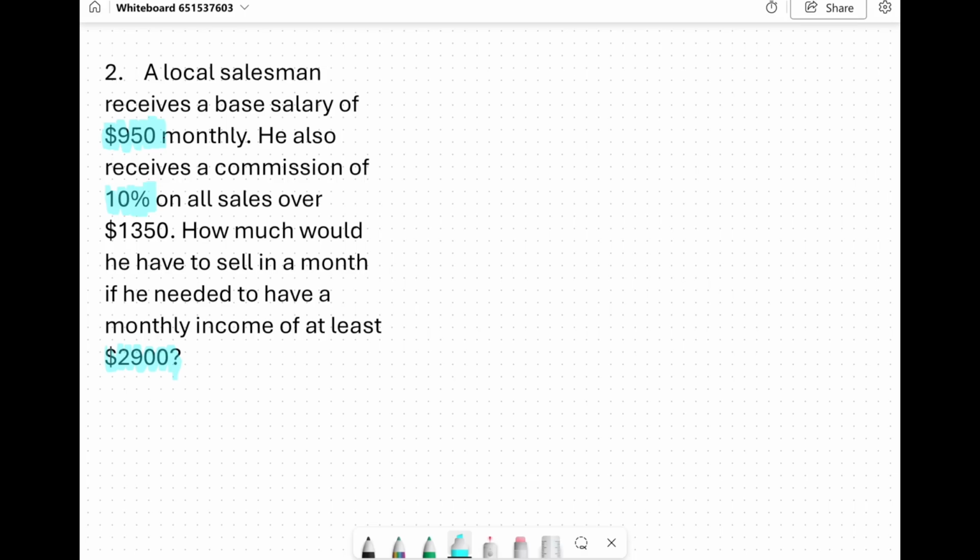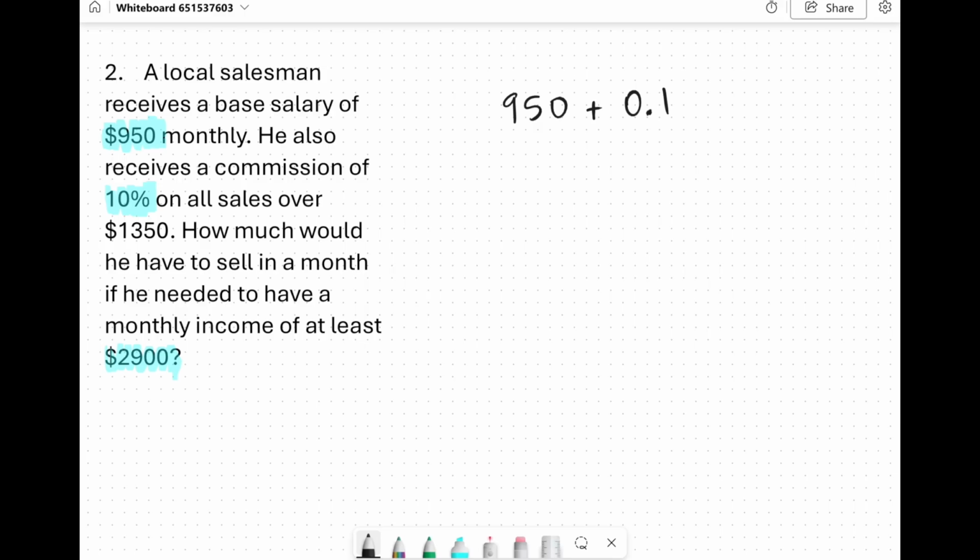Now let's talk about the abundance of information in this problem. So he does get $950 a month even if he does not sell anything. So we know his salary will include $950 no matter what. On top of that, he gets 10%, so it's 0.1. 10% as a decimal is 0.1 on every sale over $13.50.